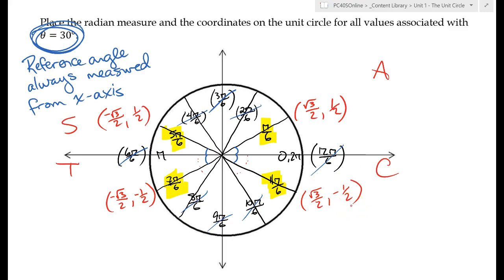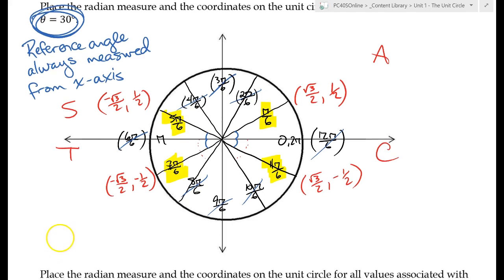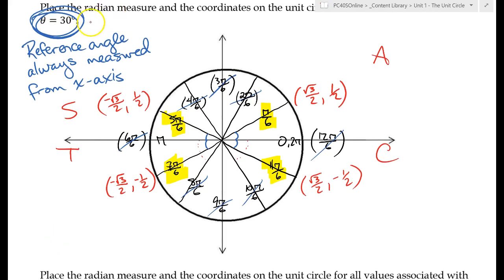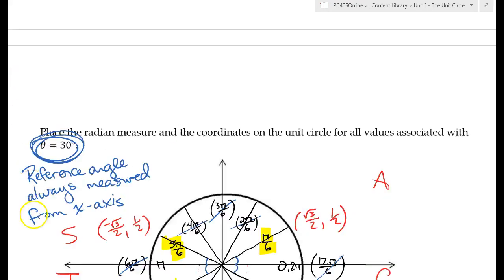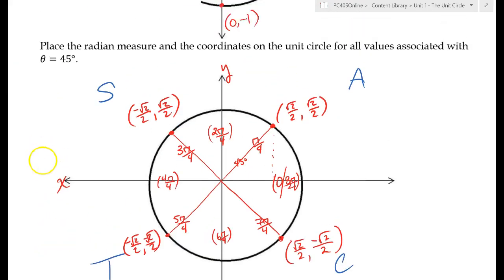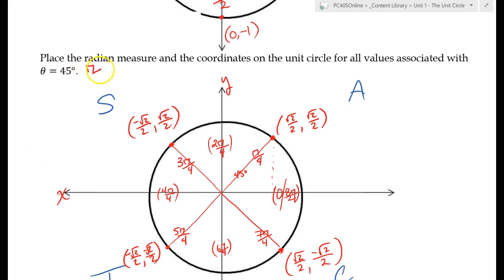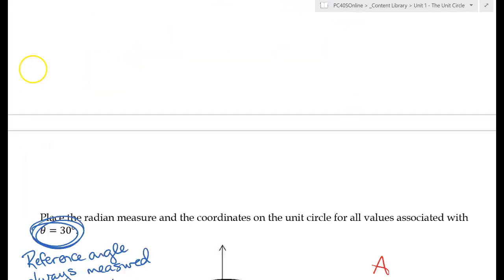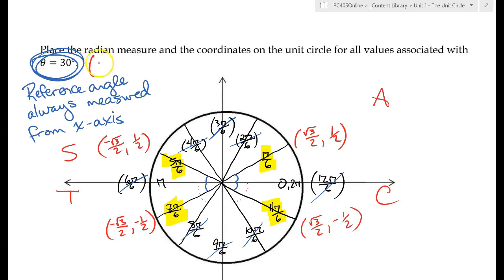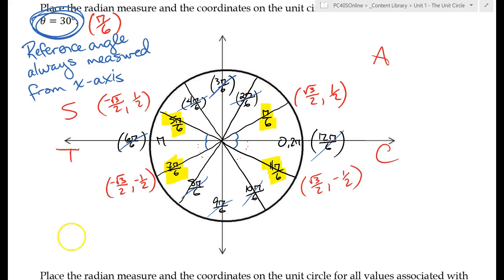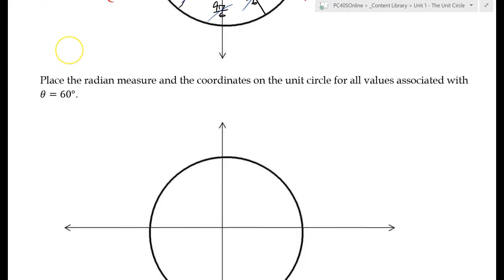So those are all our radian angles that are associated with 30 degrees. So pi over 6 is our 30-degree value, whereas pi over 4 we saw is our reference angle for up here. Okay, and like we saw up here, I'm going to skip through drawing those 30s again.